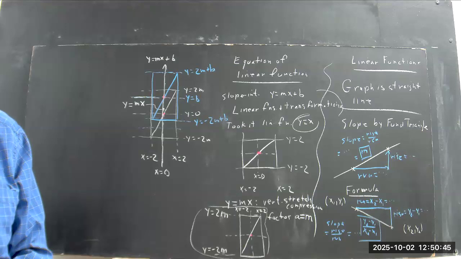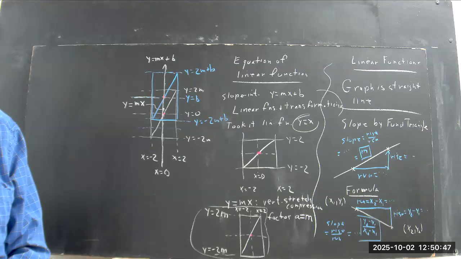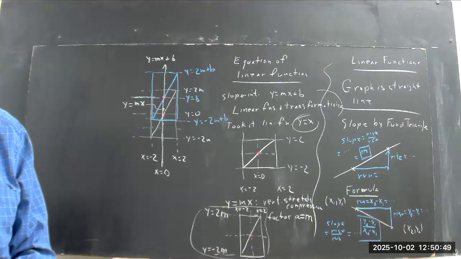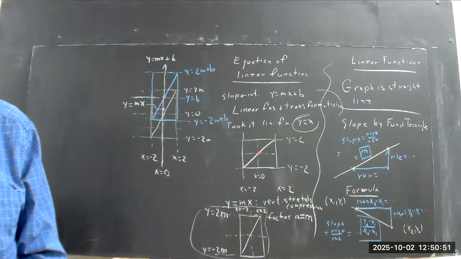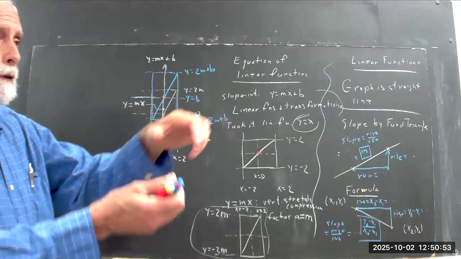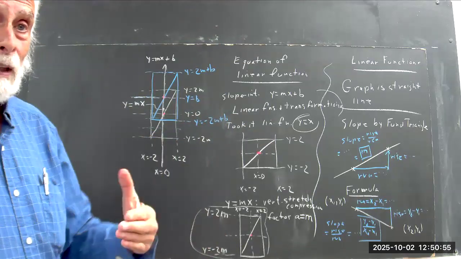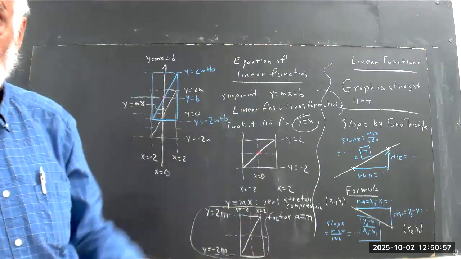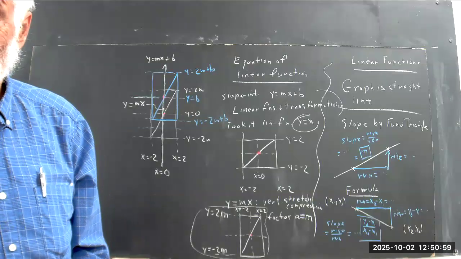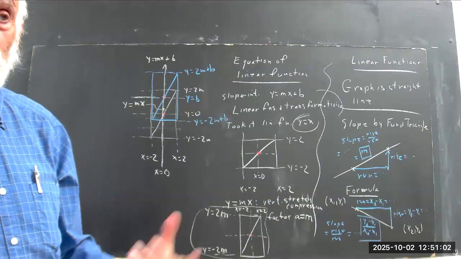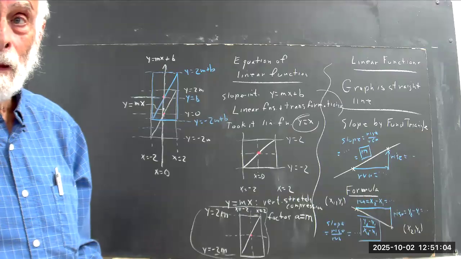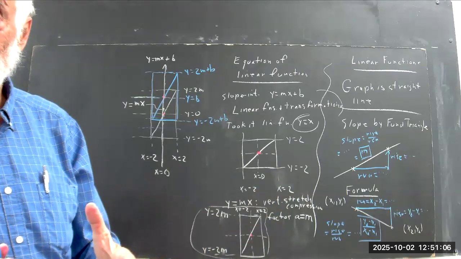For a quadratic function, or an exponential function, or reciprocal function, or reciprocal square, or cube function, you would have a vertical stretch or compression, and then a horizontal shift and a vertical shift. Sometimes for exponential functions, you'll have a horizontal compression.